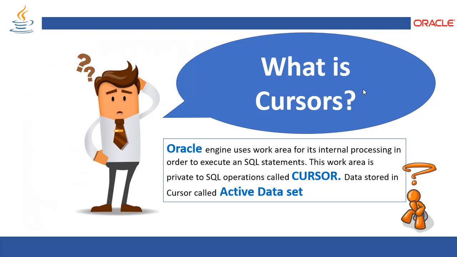Just like a regular programming language has some space in random access memory where we keep our variables, constants, and functions, in Oracle this is called a context area for processing a SQL statement, which contains all the information needed for processing the statement.